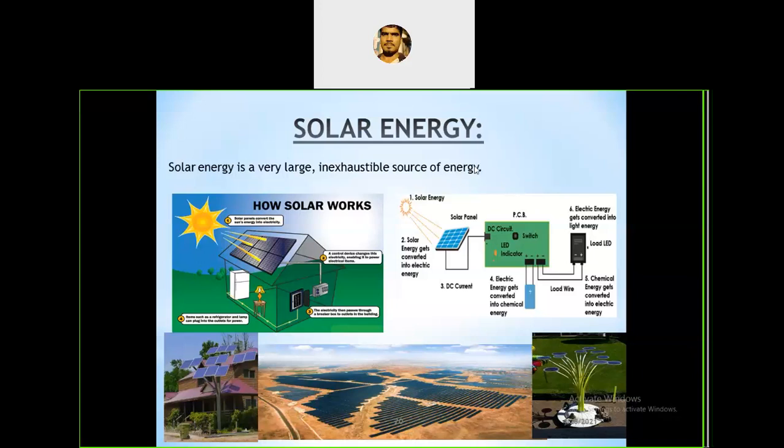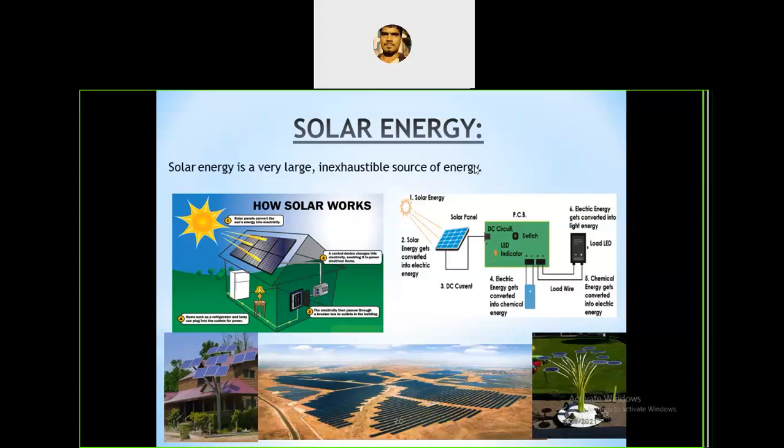The solar energy is very large. It is an inexhaustible source of energy. The power from the sun received directly by the earth is approximately 1.8 × 10^11 megawatt, which is many thousands of times larger than the present consumption rate of the earth of all commercial energy sources.